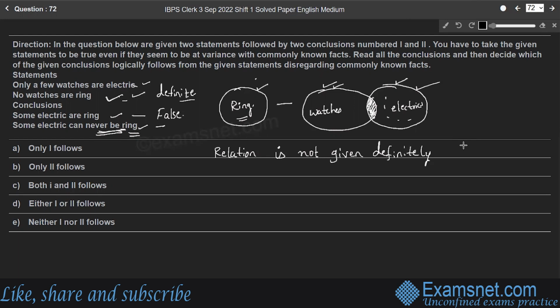The portion of watches which are in electric, this shaded portion, can never be ring because it is inside the set of watches, right? Therefore, some electric can never be ring. It is a true conclusion. Therefore, only 2 follows.